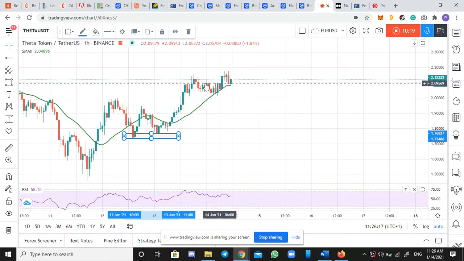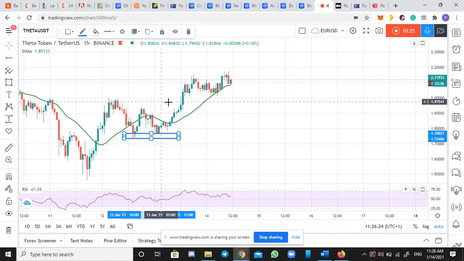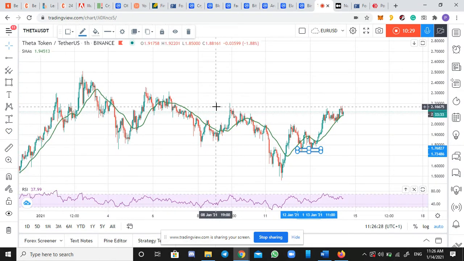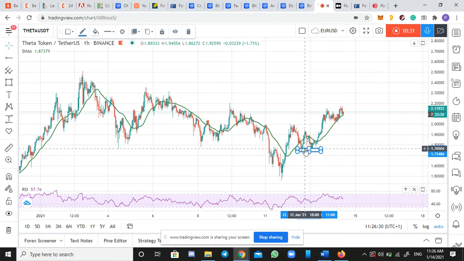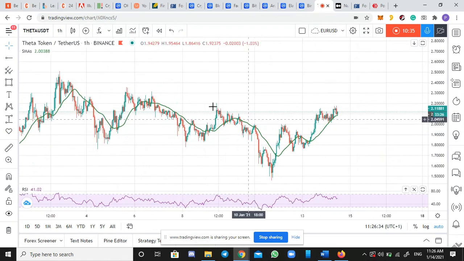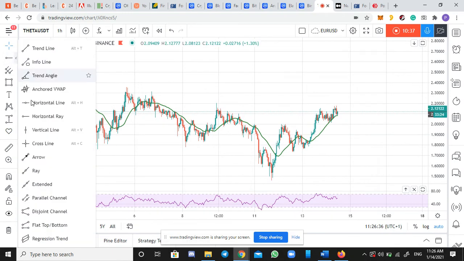Okay, from here price is looking like a miniature rounding bottom, but I'm not going to base my judgments on that. So I'm zooming out to see if I can find something. I think I can find something here.